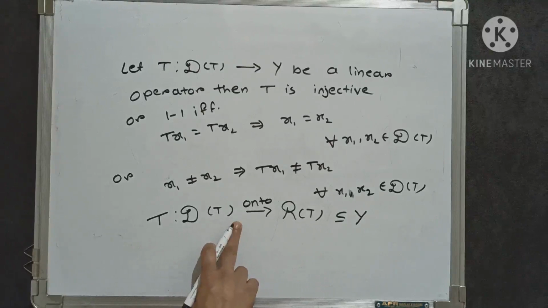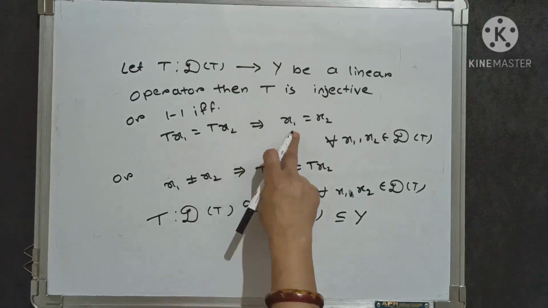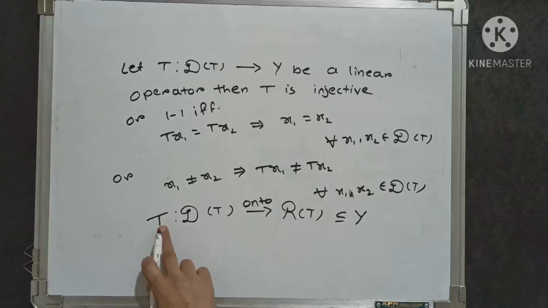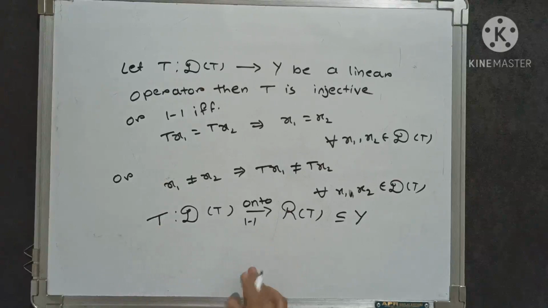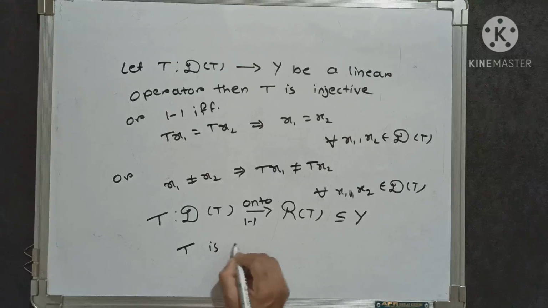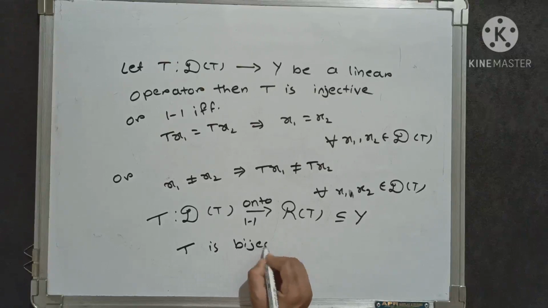But when this linear operator satisfies this condition or this condition, then it becomes one-one. And when the linear operator is both one-one and onto, then T is said to be bijective, that is, injective as well as surjective.